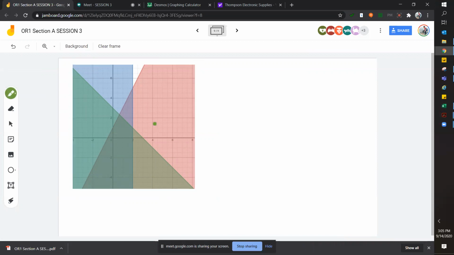So, if we were to trace it, ang equation natin: negative 2x1 plus x sub 2 less than or equal to 1. And then we have x sub 1 less than or equal to 2. And then we have x sub 1 plus x sub 2 less than or equal to 3. And then x sub 1 and x sub 2 greater than or equal to 0.